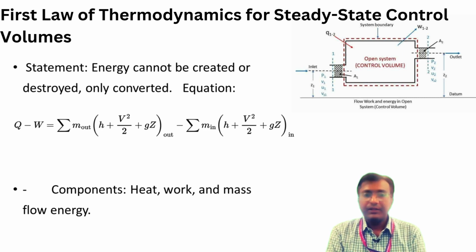Here we get Q, the heat transfer rate, minus W, the work done by the system, is equal to the summation of the mass flow rate coming out of the system multiplied by, in brackets, enthalpy plus square of velocity divided by 2 plus gravitational acceleration multiplied by height, minus the summation of the mass flow rate coming inside the system multiplied by, in brackets, enthalpy plus square of velocity divided by 2 plus gravitational acceleration multiplied by height of this mass which is entering the system.